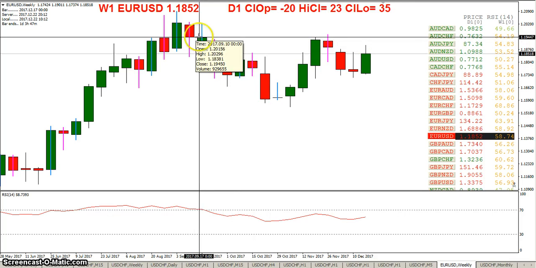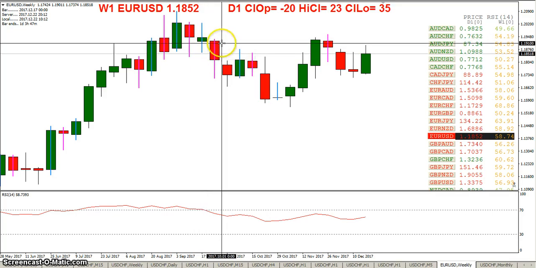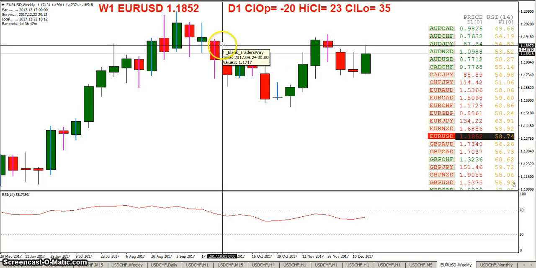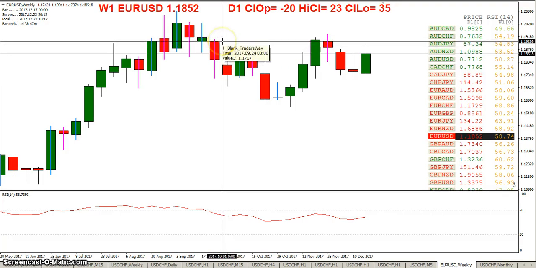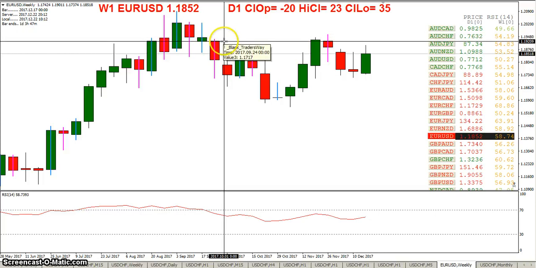So you would have been in a trade here versus getting in a trade here. So you would have saved yourself about 20 pips or so.